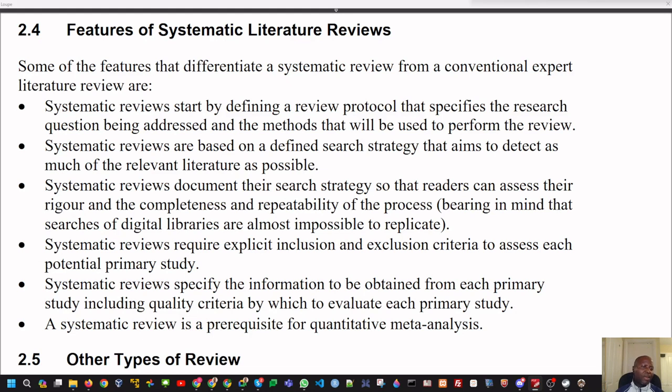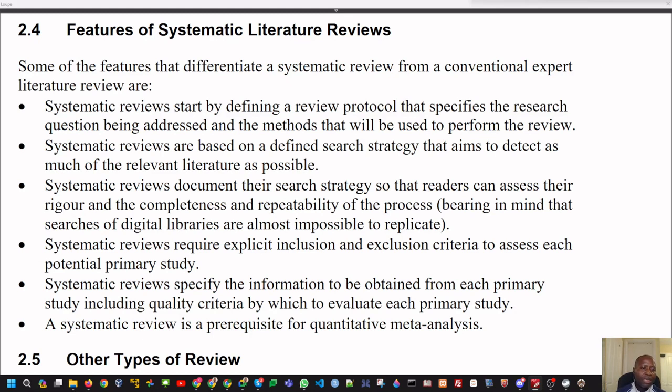And also, thirdly, the systematic review documents their research strategy so that the readers can assess their rigor and the completeness and repeatability of the process, bearing in mind that searches of digital libraries are almost impossible to replicate. But they try by all means to document the process in which they did it. You saw that in that paper.